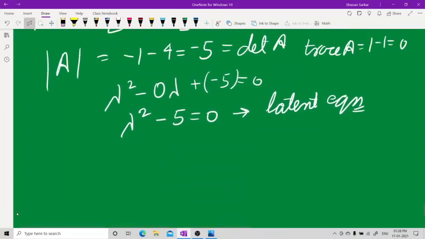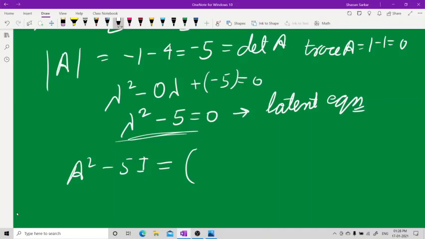Now say they have asked you to find A inverse. You will use this to find A inverse. How? A square minus 5I. First find A square.